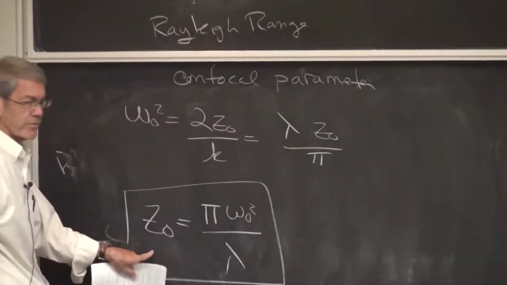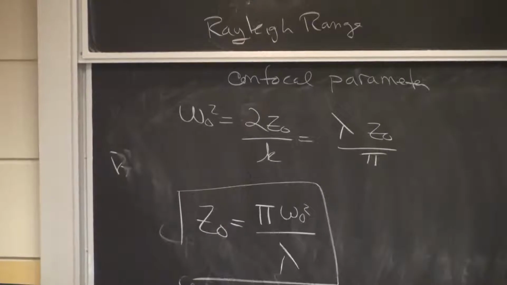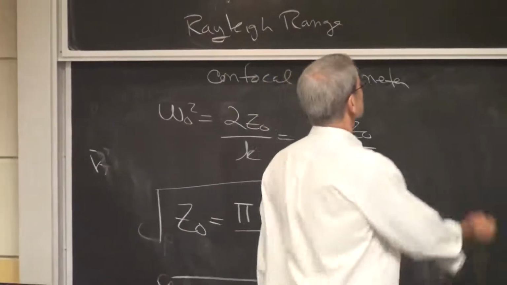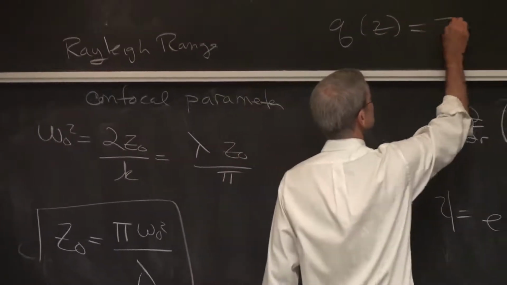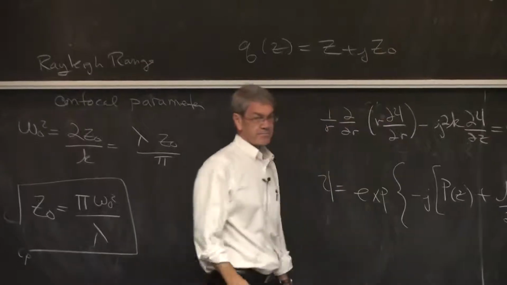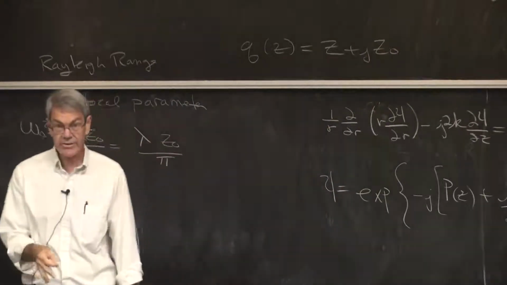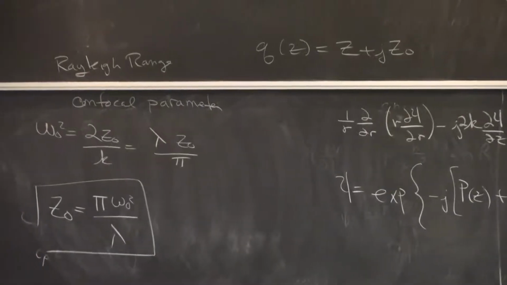Okay, so anyway, there's one of the first terms we're going to define. So that just came out of q. So remember, now we know q. q of z equals z plus j z naught. And z naught is a constant, and it's completely defined by the beam we're looking at.